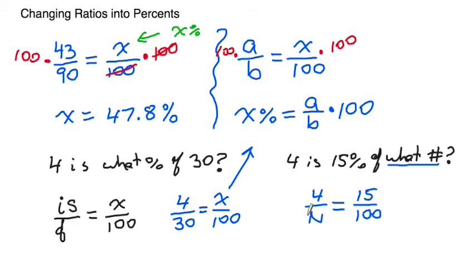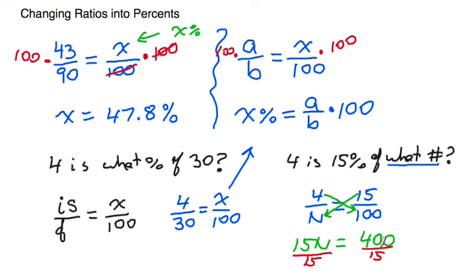Now with this setup, because the unknown's in the bottom, it's better to cross multiply. So if we cross multiply, we're going to get 400, I'll write that over here. And on this side, I'm going to write 15n, 15 times n. So to find what the number is, the answer would be divide both sides by 15.